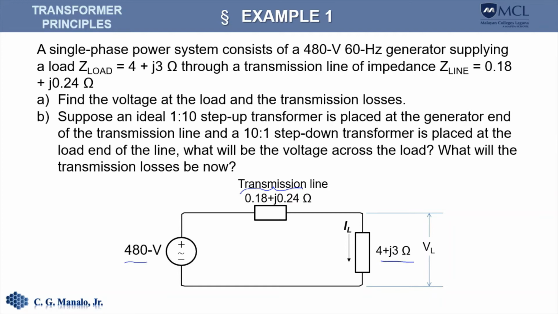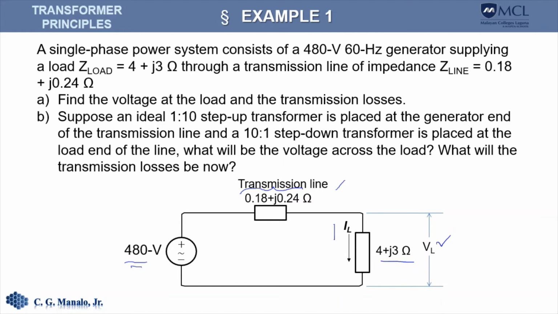So first, we need to find the voltage at the load, this voltage, and the losses in the process. That is, in the process of transmitting power to the load from the source using this transmission line, what are the transmission losses?